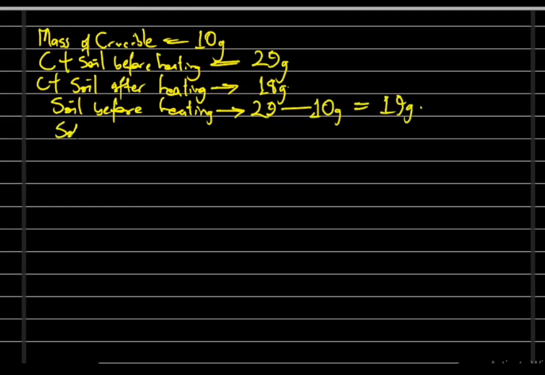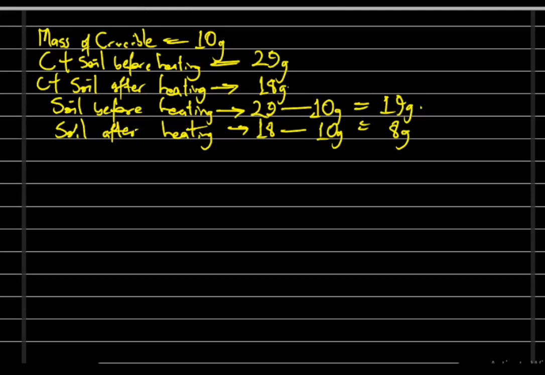And then soil after heating equals 18 minus the weight of the crucible, which is giving us 8 grams. So the difference between the soil before heating and after heating is the removal of water.